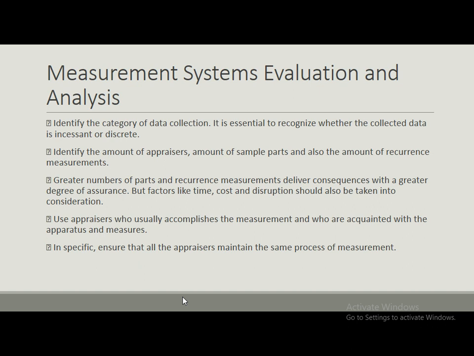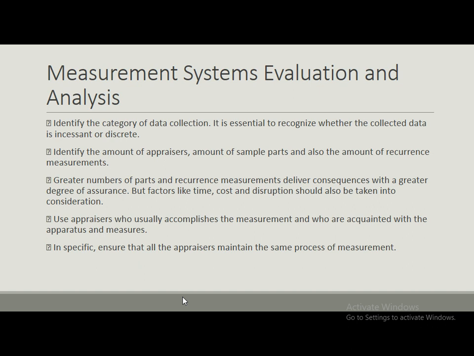Identify the number of appraisers, number of sample parts, and also the number of repeat measurements. A greater number of parts and repeat measurements deliver results with a greater degree of assurance. But factors like time, cost, and disruptions should also be taken into consideration.